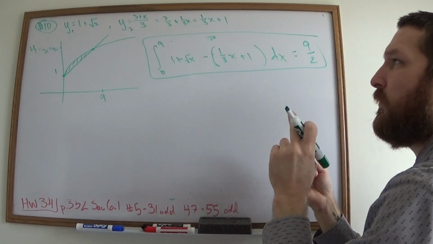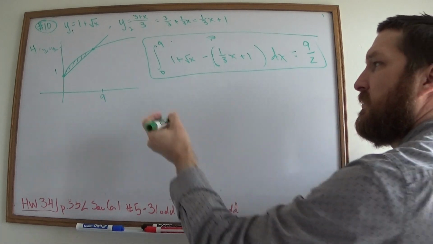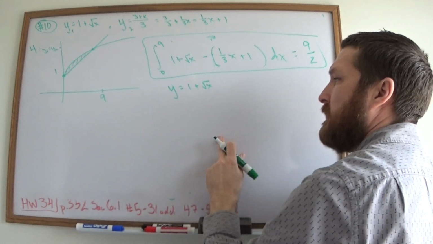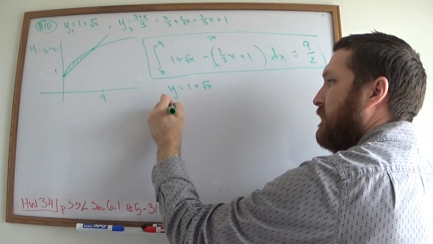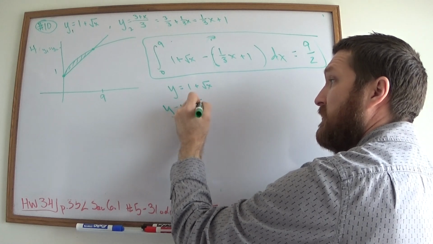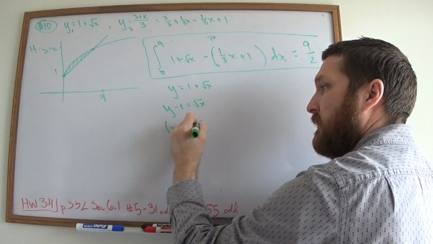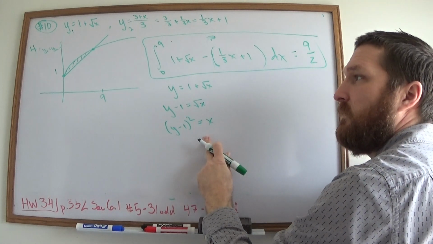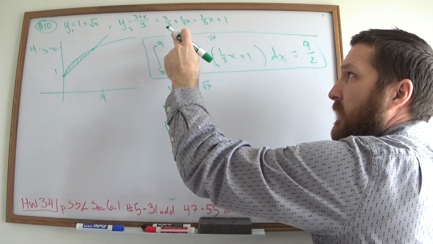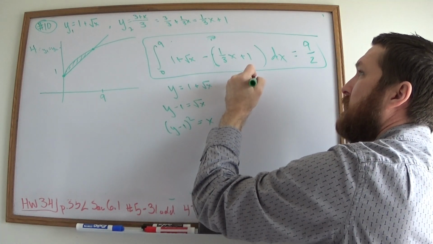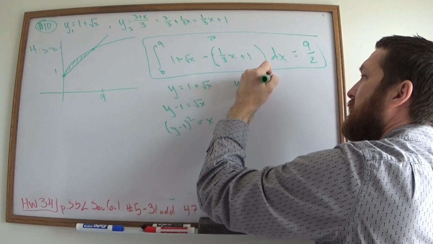Now what you could do is say, well, hold up. Do I want to think about these as functions of x or functions of y? And if y equals 1 plus root x, we could find the inverse of this function, and we get y minus 1 squared equals x. There's my one function. On the other hand, the way they wrote it was like this.